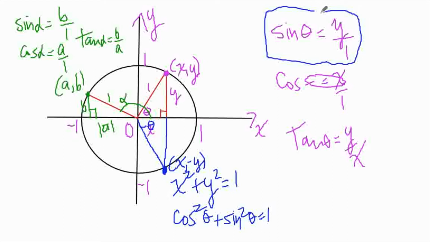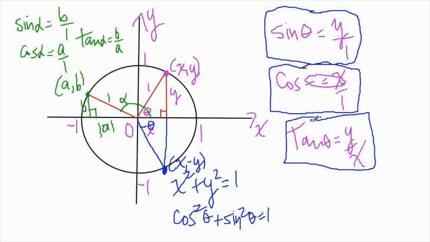Well, no, the sine would change because the y value changed. The cosine would be the same because the x is still positive. The tangent would change because the sign of y changed.